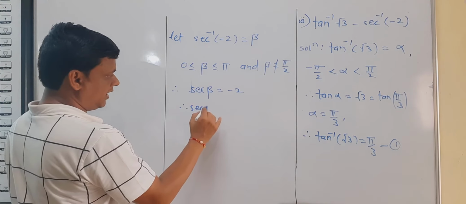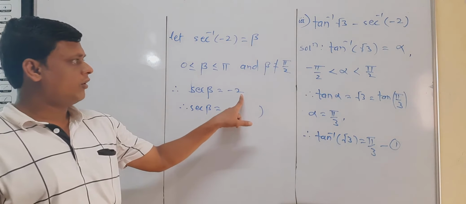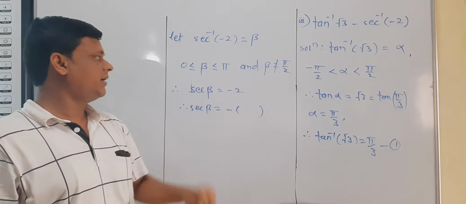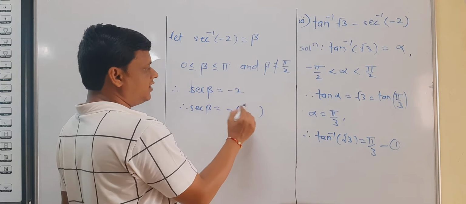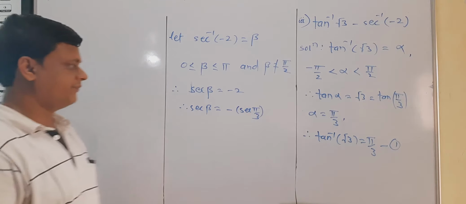Therefore sec beta is equal to minus 2. We know that for angle 60, sec is 2. So we write sec 60, that is pi by 3.